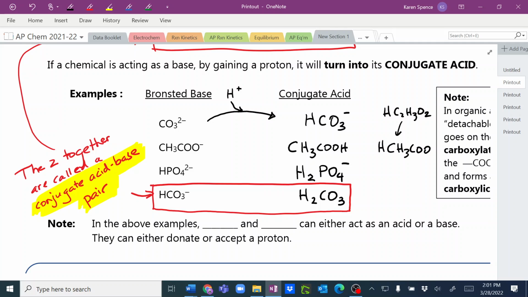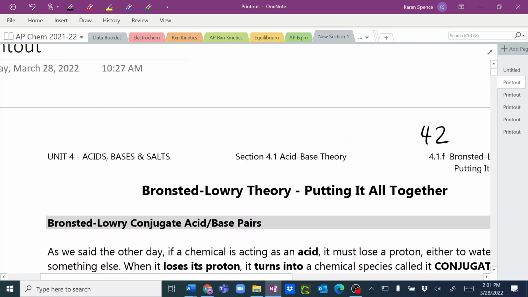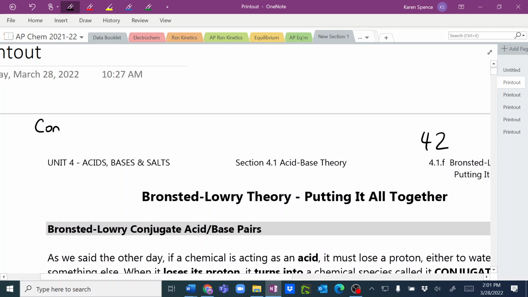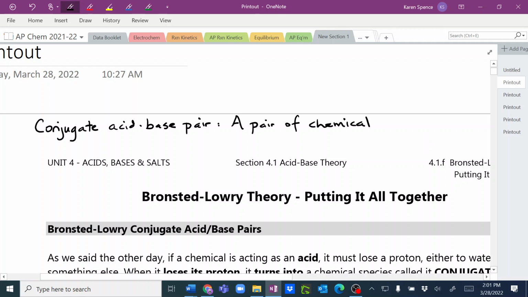Because you're either adding one on to get the conjugate acid, or you're taking one off to get the conjugate base. So let's just toss that up here.